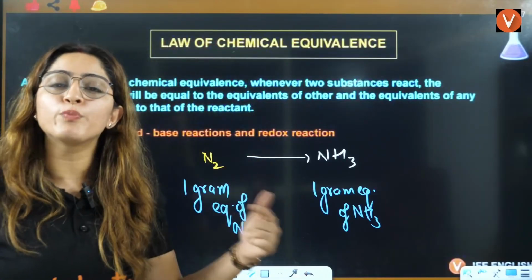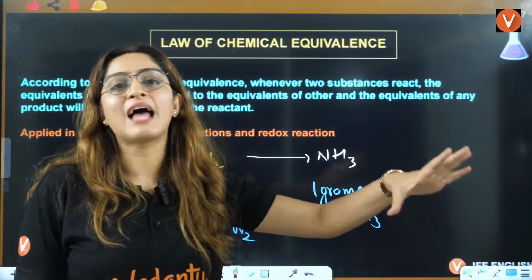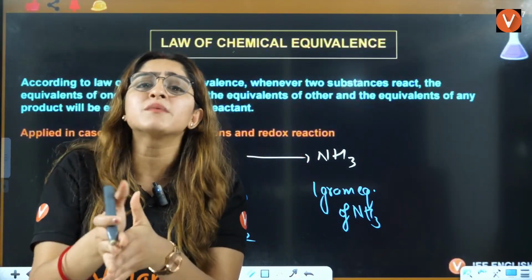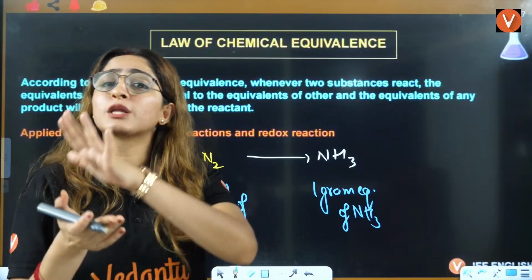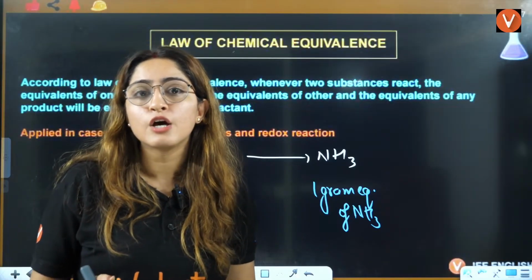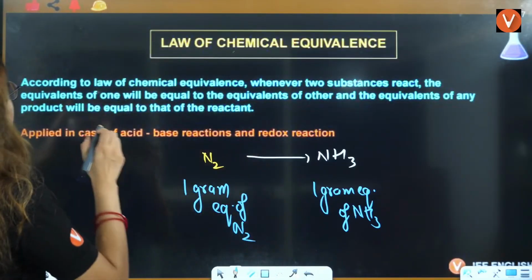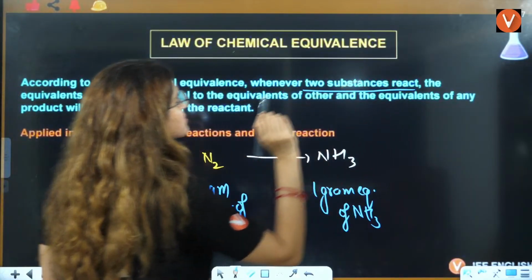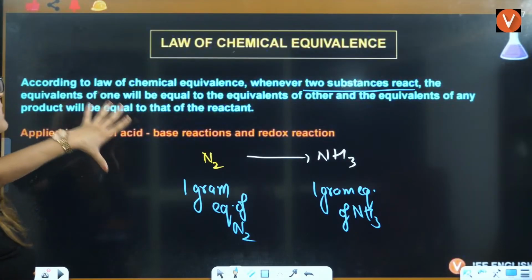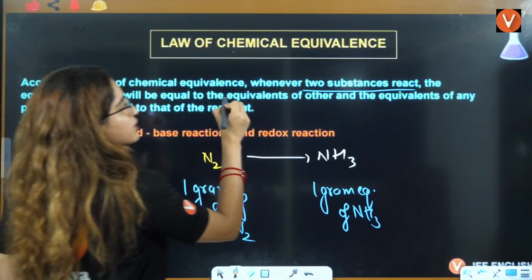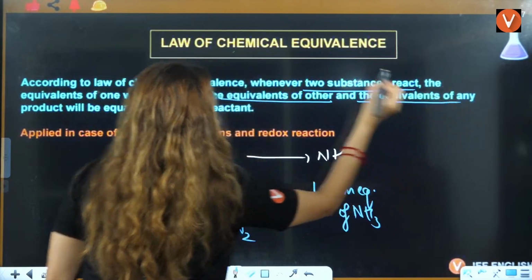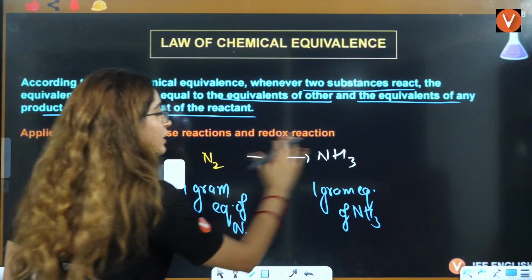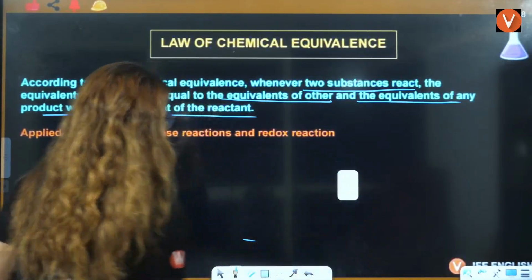Without balancing, you can say that all the reactants will have the same gram equivalents as all the products. According to the law of chemical equivalence, whenever two substances react, the equivalence of one will be equal to the equivalence of the other, and the equivalence of any product will be equal to the reactant. Let me give you an example of that.